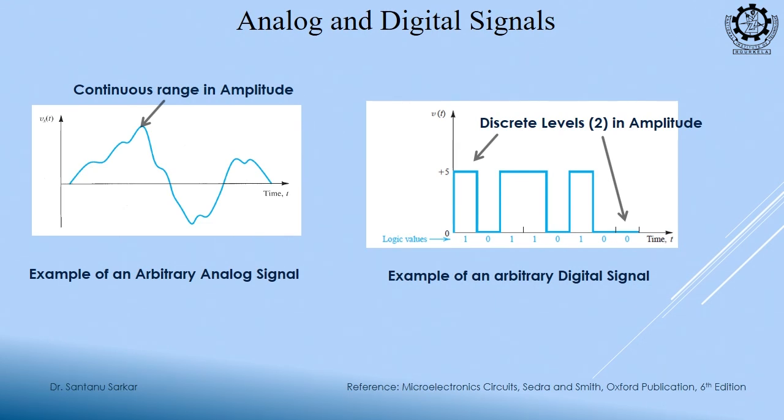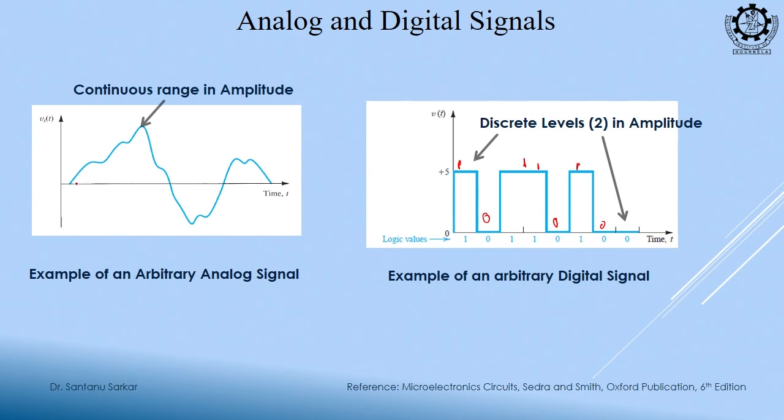So, if you see this signal, this is an example of an arbitrary digital signal. So, this plus 5 volt or VDD, we will call this level 1. So, this is my level 1, this is my level 0, this is my level 1, this is my level 1, this is my level 0, this is my level 1, this is my level 0. So, these are my logic levels.